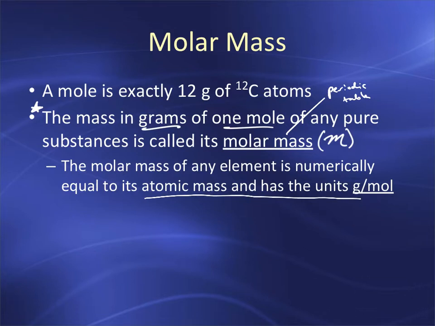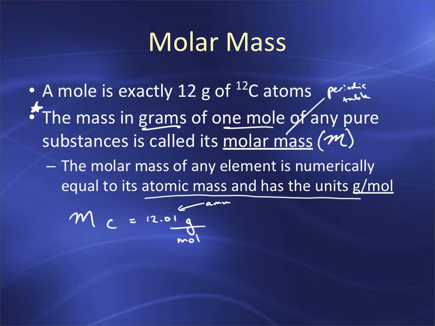So if you look at your periodic table, in the upper corner of it, the molar mass of, say, carbon, rounded to the hundredths place, is 12.01, and the units are grams per mole. And we said before, this is its weight in AMUs, atomic mass units. It's also its molar mass in grams per mole, the same number.